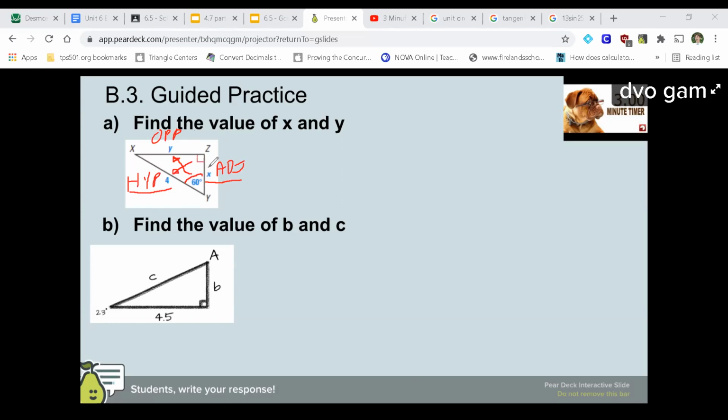And then if we're trying to find x, I'm trying to find the adjacent side given the hypotenuse is 4, which trig function relates adjacent and hypotenuse? Cosine. That's right.